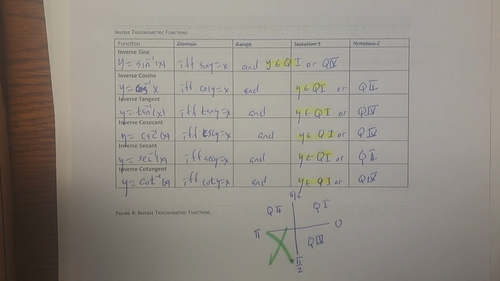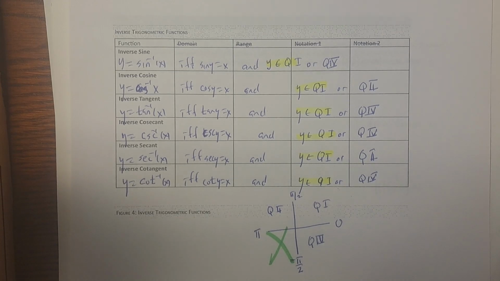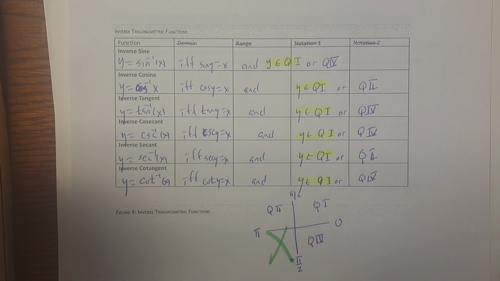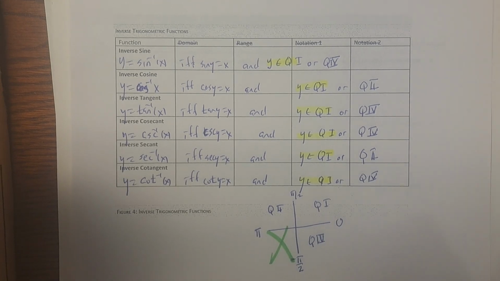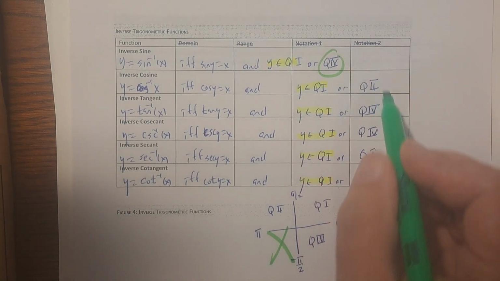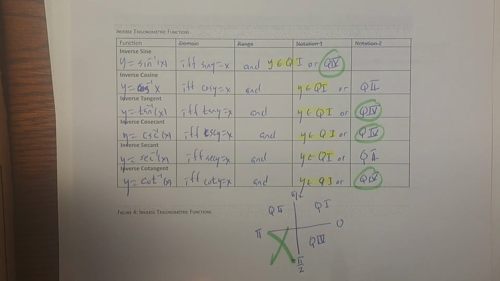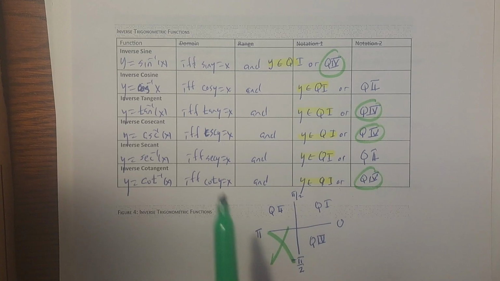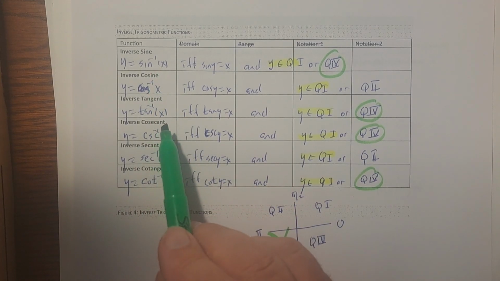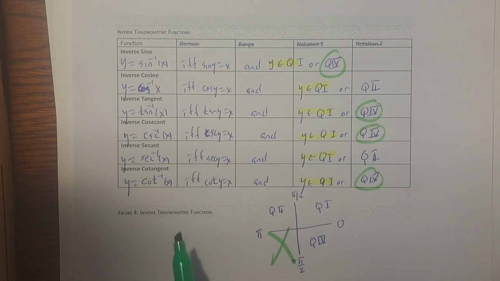And then when it comes to the other quadrants involved, it's either 2 or 4, and the ones that go with quadrant 4 are inverse sine, inverse tangent, inverse cosecant, and inverse cotangent.